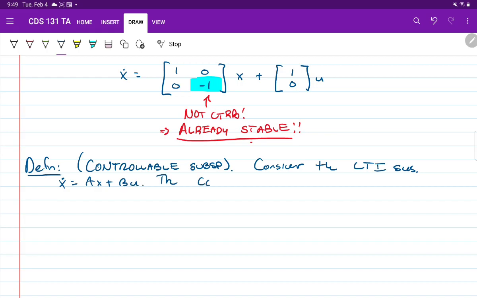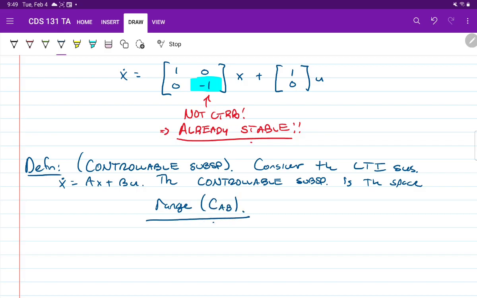Now, the controllable subspace is the space which is just the range of my controllability matrix, C_AB. Okay? Now, again, this is one of a number of equivalent definitions. There are other ones that lend more of an interpretation in terms of reachability, but just for the sake of time, I'm going to state this nice and easy definition.